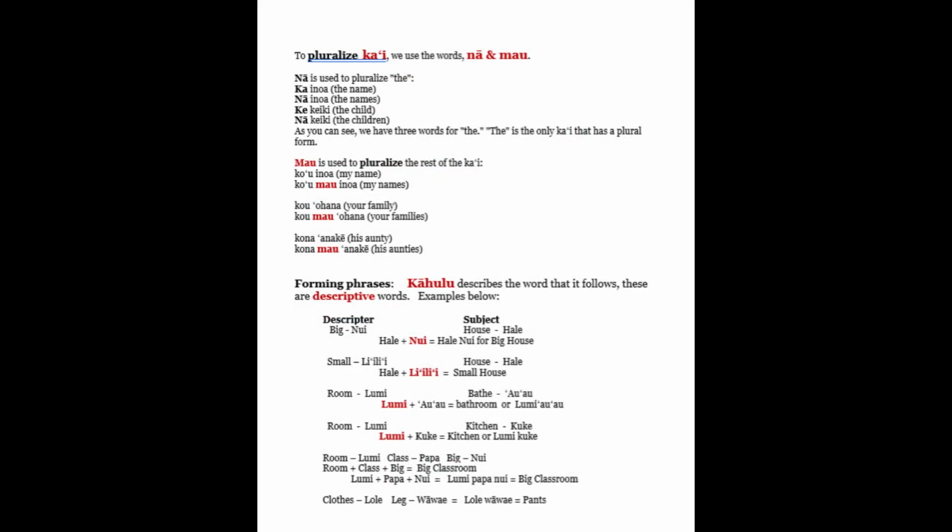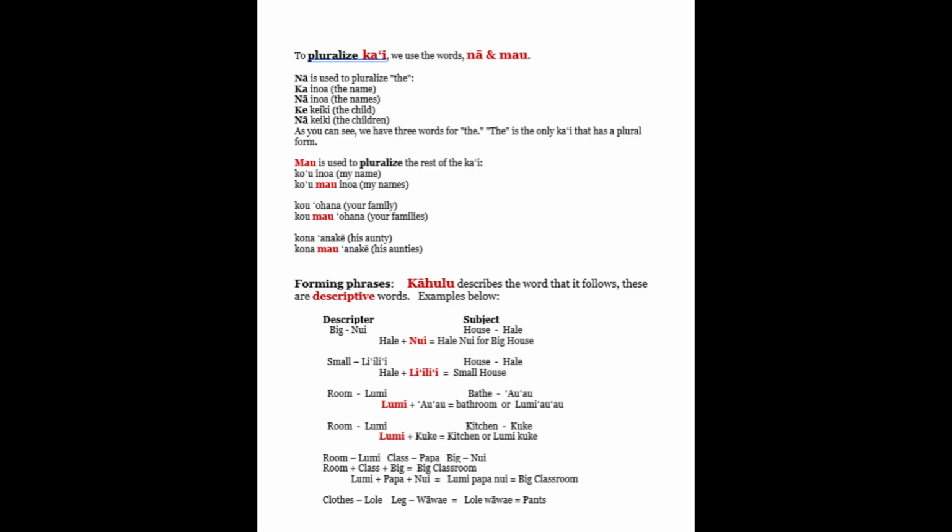Okay, so now let's get into plurals, or talking about more than one. In the kaʻi, to pluralize the kaʻi, we use the word nā with the kahakō on the a, and also mau.